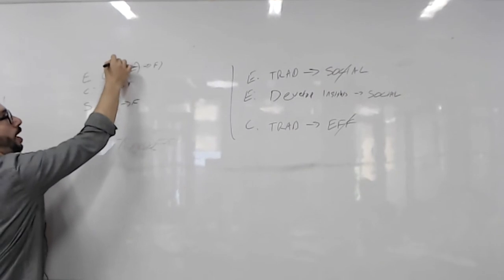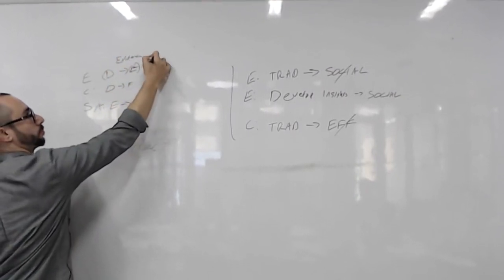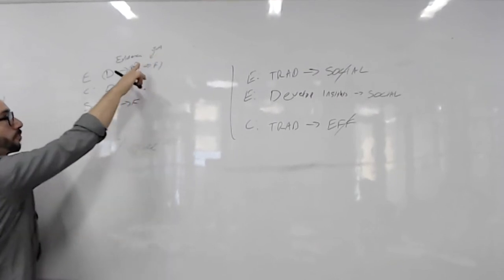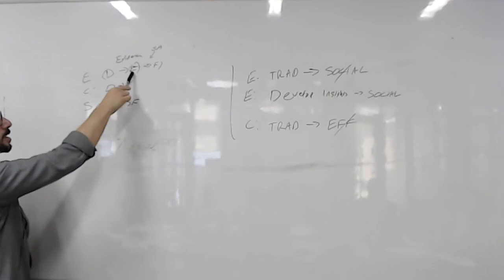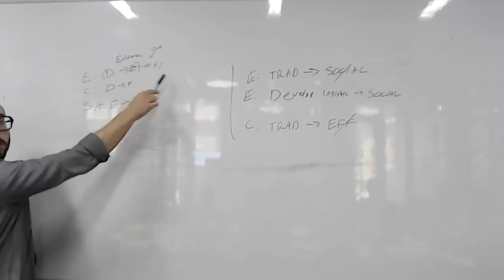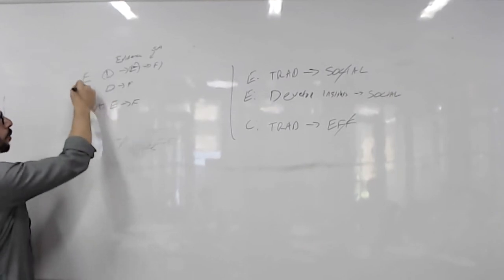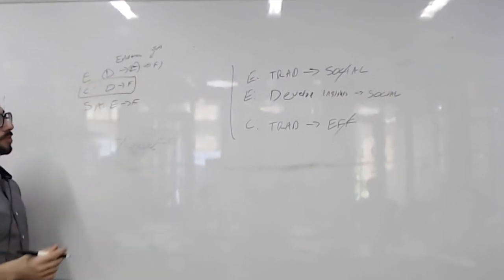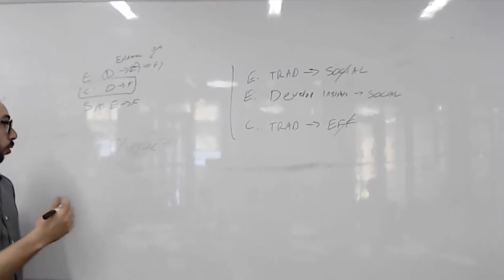So this is our evidence, and this is our sufficient assumption. So evidence plus sufficient assumption, the E is involved in both of them. Together forms the longer chain, D to E to F, which is what our goal was to justify the entire time.